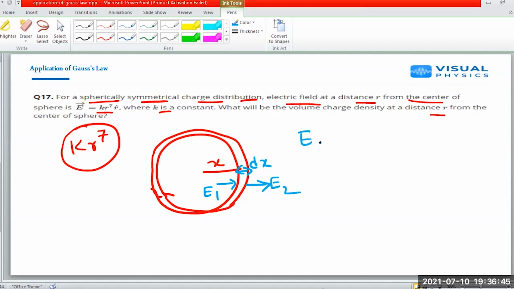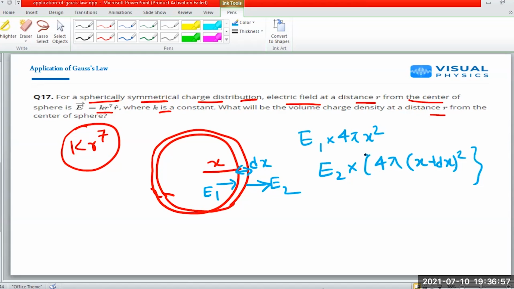E1 into 4 pi x square and E2 into 4 pi (x plus dx) whole square. This is the flux inside, this is the flux outside.